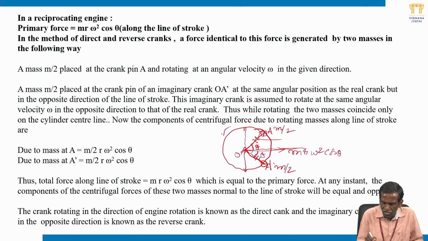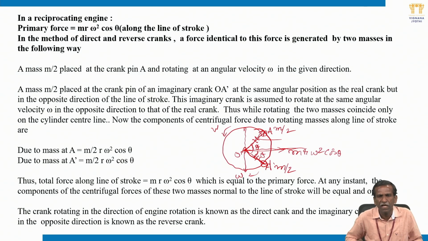The imaginary crank is assumed to rotate with the same angular velocity omega in the opposite direction, so that while rotating, the two masses coincide on the cylinder center line.